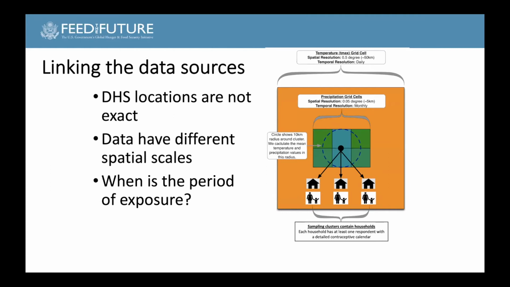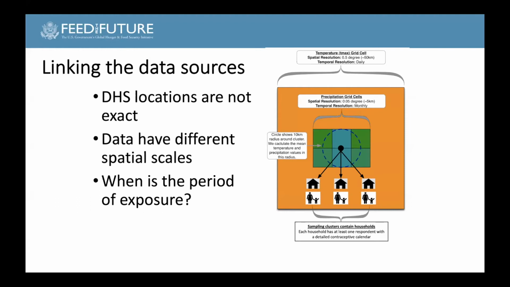And so we only know the community of residence within 10 kilometers. And there's maybe 100 or more households, it varies, that are surveyed within each enumeration area. Within each household, there's at least one pregnant person or has been at least one pregnant person in the past 5 years. There might be more.